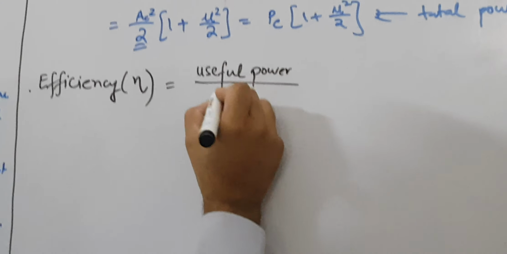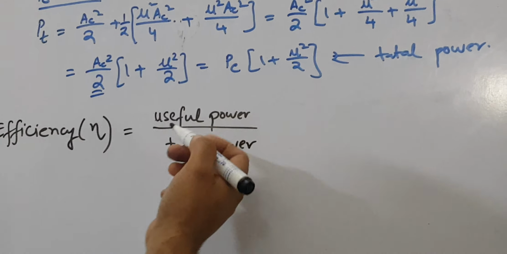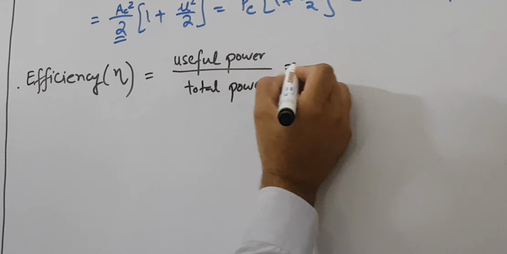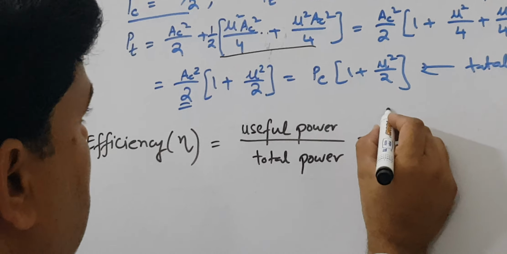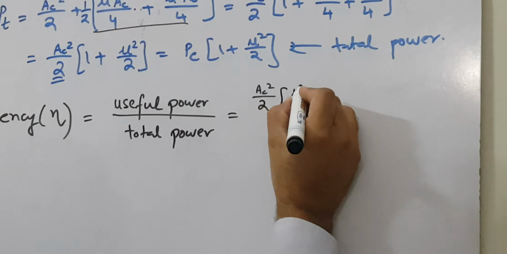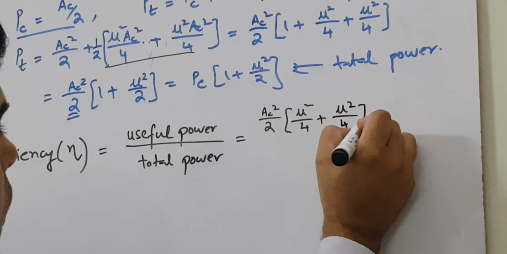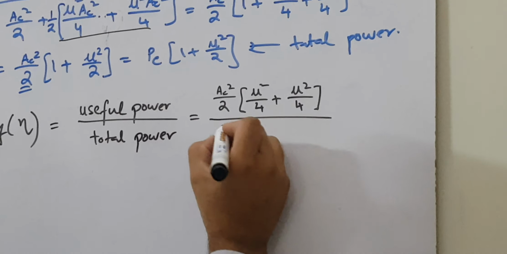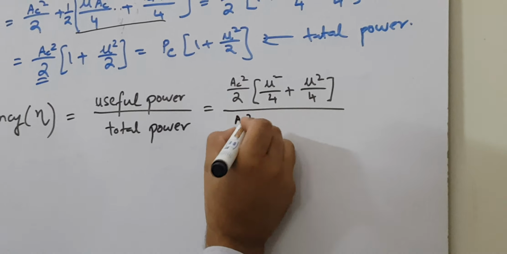Useful power means the power in the sidebands, which is Ac square divided by 2 times (mu square by 4 plus mu square by 4), divided by the total power, Ac square by 2 times (1 plus mu square by 2).